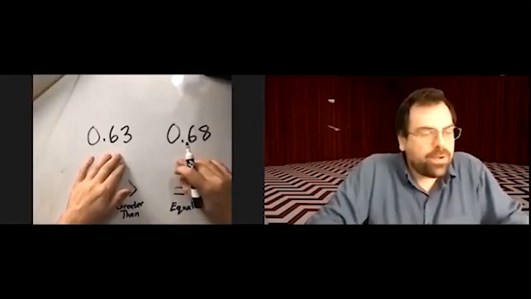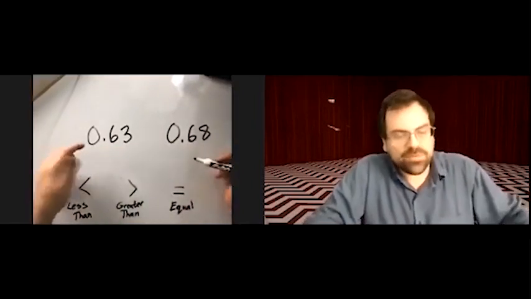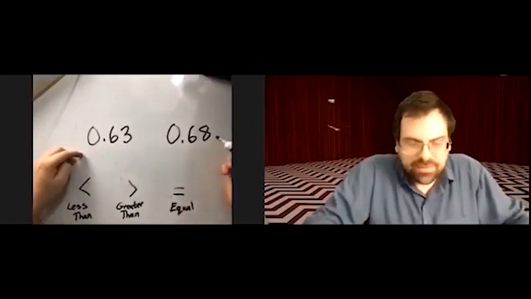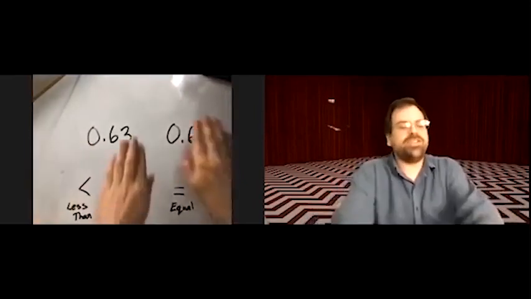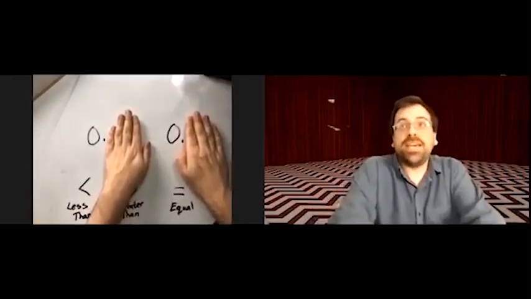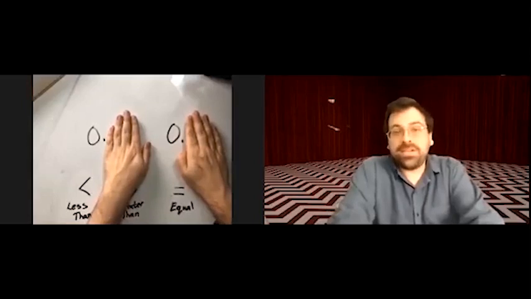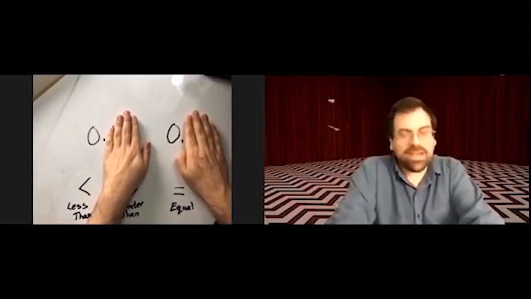So when we're comparing decimals, we want to take it digit by digit. Obviously, if we just look at the numbers before the decimal point, if they are different numbers, it is a very easy problem to do. However, when they are the same number, we have to go place value by place value.